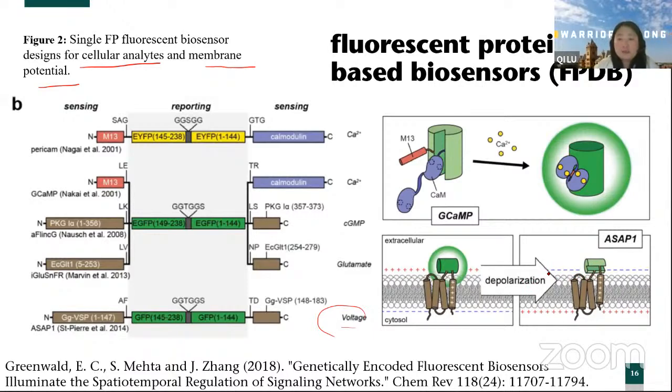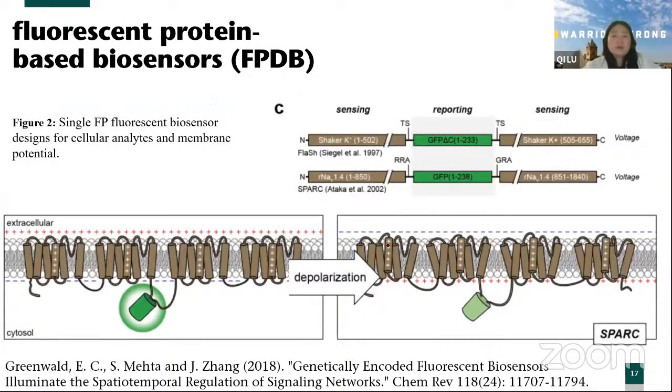A decrease will indicate that a depolarization happens in these cells. And it can also respond to calcium as another biosensor. So this is considered a single fluorescent protein biosensor, and it can indicate the membrane potential.